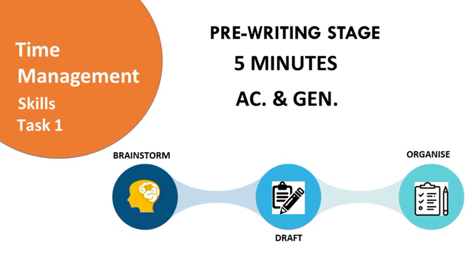You brainstorm what you want to write and how you want to structure your content. The second thing you do in these 5 minutes is to draft many of the ideas that are flowing into your mind. As you are brainstorming, you keep writing, you keep drafting.